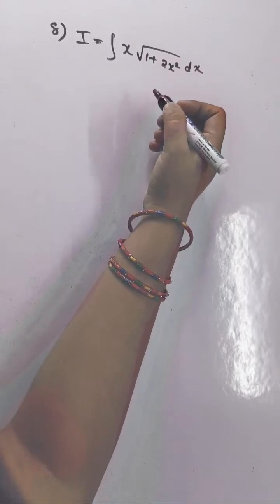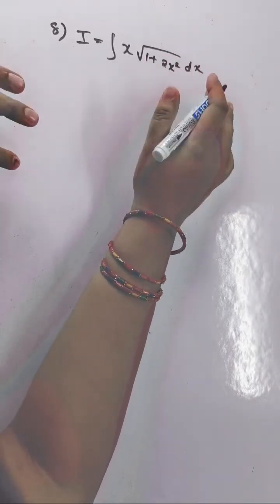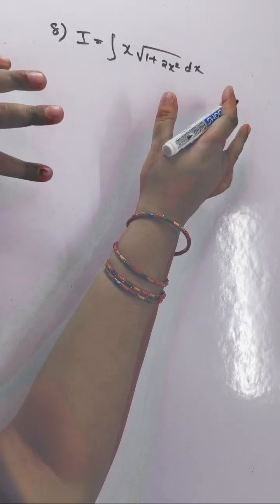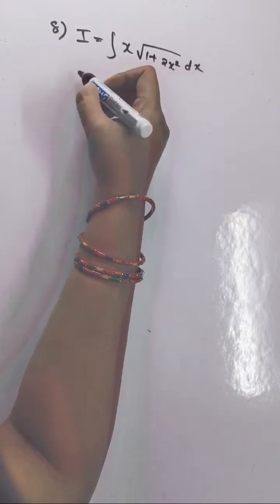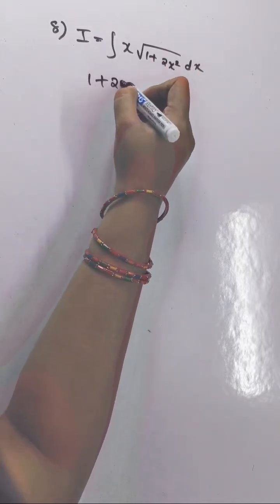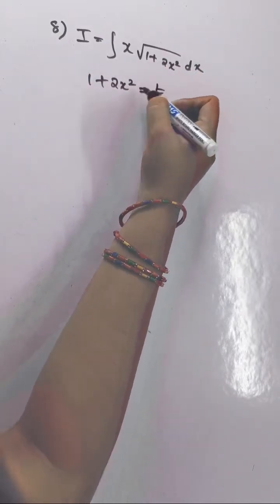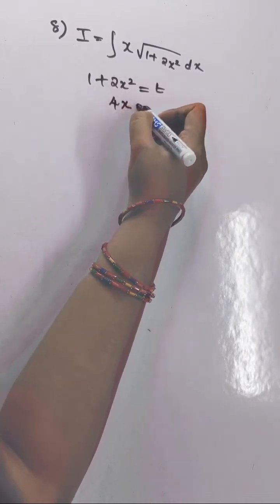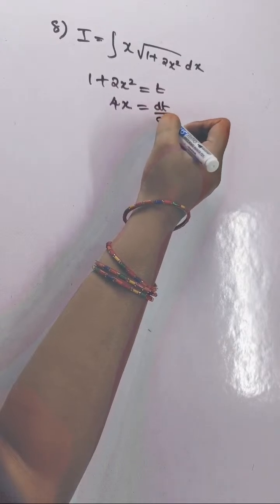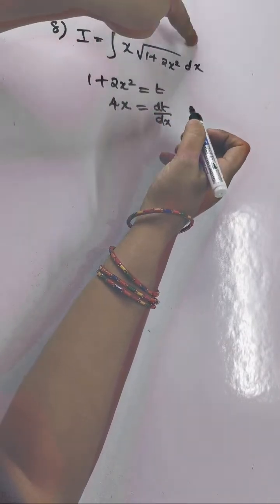It is the same as before, like whatever we have discussed in the previous question, the same model. What we are going to do is take 1 plus 2x square as t, differentiate both sides. You will get 4x as dt by dx, but we have only x into dx.